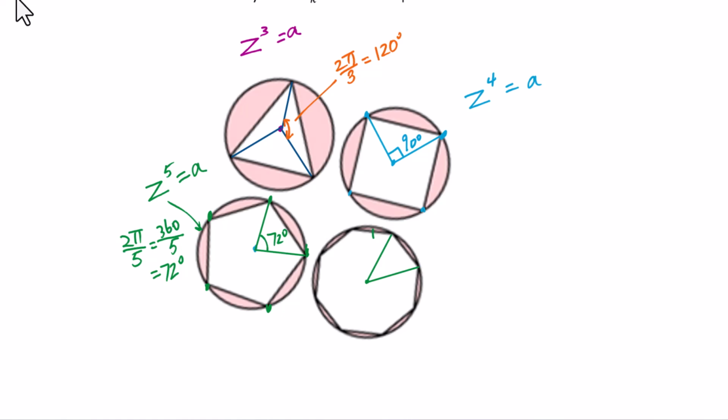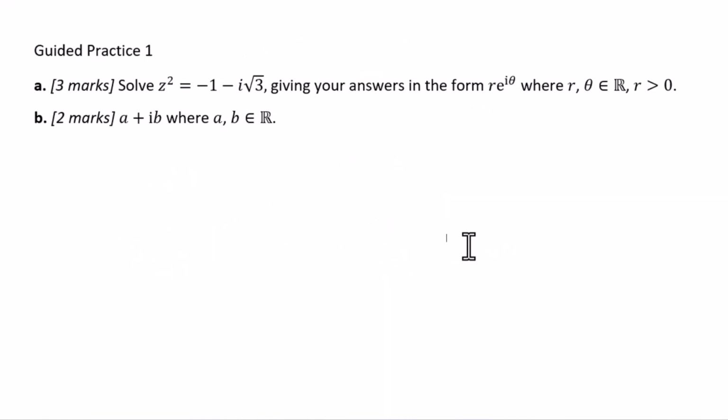All the points on this circle will be the roots for z to the eighth power equals a. The angle between two subsequent roots will be 45 degrees, which is pi over 4. Let's go to guided practice 1.